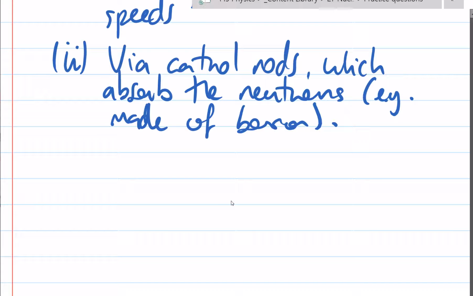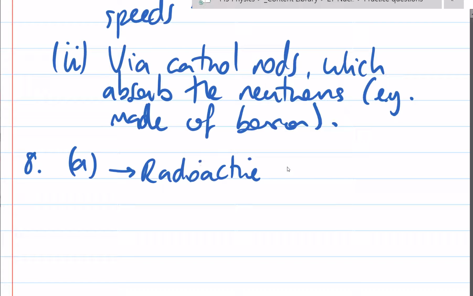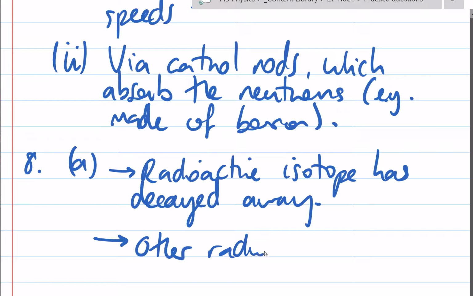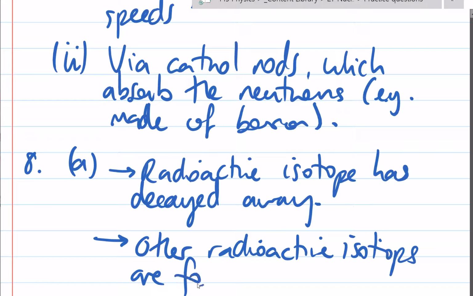Question 8, talking about why fuel rods that have been used are more dangerous and less radioactive. Okay, the less radioactive is because the radioactive isotope has decayed away, and the reason they're more dangerous is other radioactive isotopes are formed.